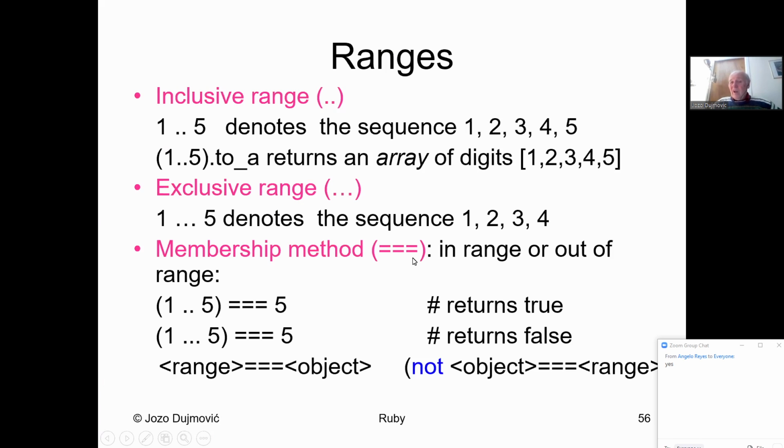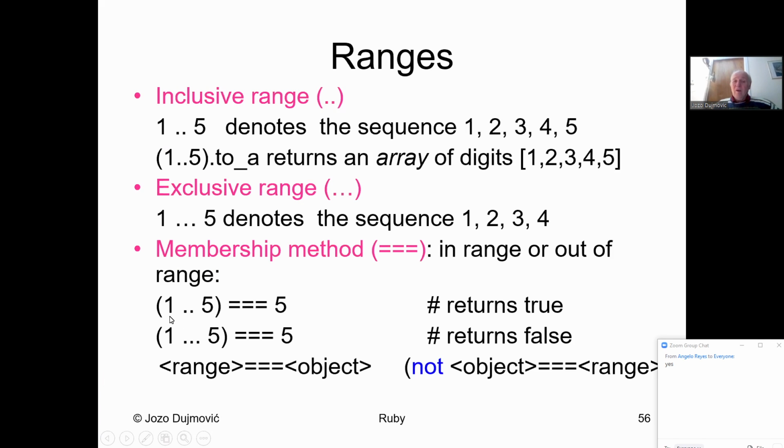There are practically two possibilities. The first one is to use the word in, like in Pascal. So you say this object is in this set, which returns true or false. And the other way is to use something else. And Matsumoto decided to put three equality signs, which is belonging to set.